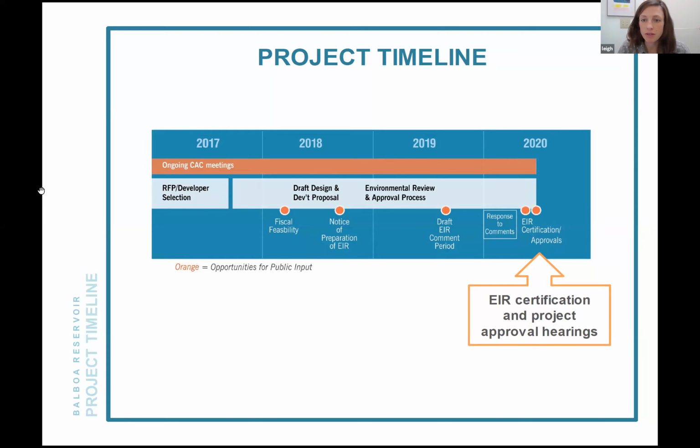As you can see, we are nearing the end of our overall project timeline to approve the project. We're approaching EIR certification and a series of project approval hearings. This milestone will be the divide between the project being approved and then being able to move into the implementation and construction phase.